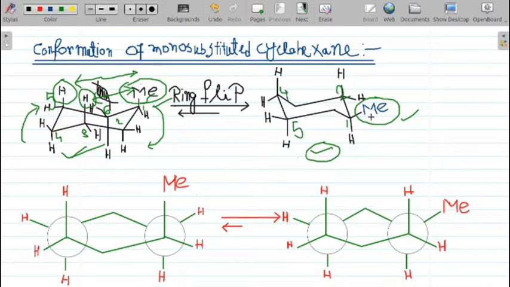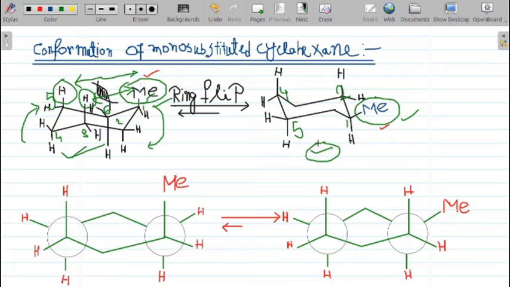Here you can see that after the ring flip, this methyl group will be present on this carbon, that is carbon 1. This is carbon 1 and this is carbon 1, and the methyl group is at this equatorial position, which was in this axial position.